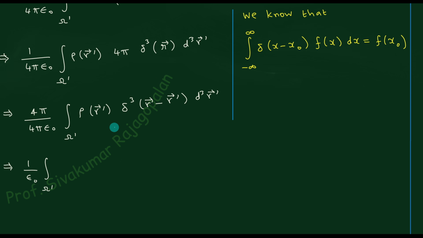Then we have rho of r prime. So let me write down this expression. This is rho of r prime. Here what I want to do is delta cube of, and here is a place where I would like to explain. There is an r minus r prime.